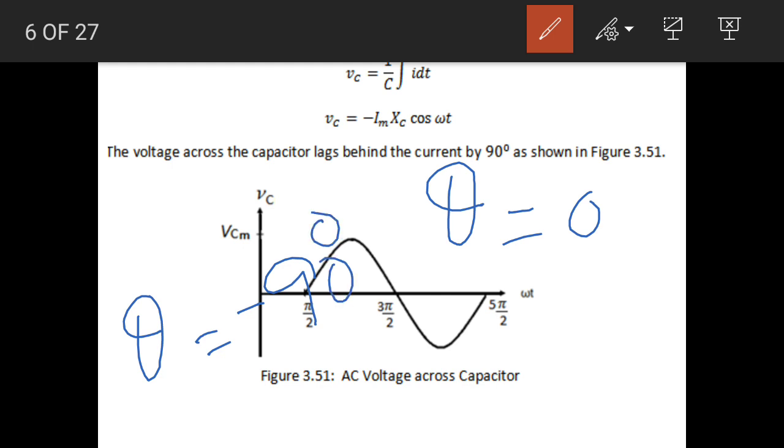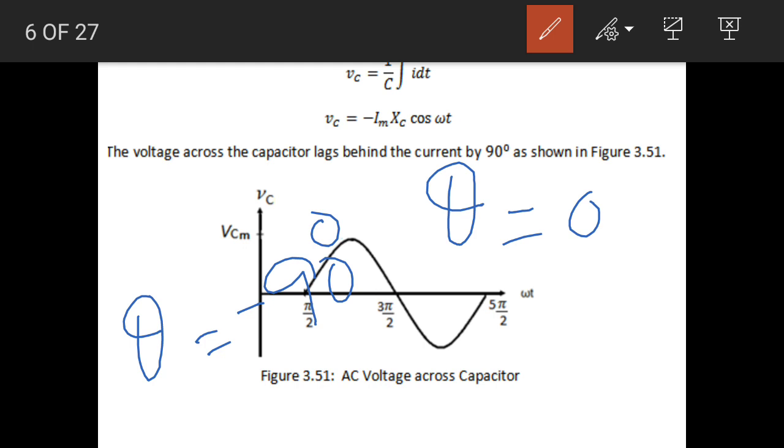So we say that the voltage across the capacitor lags behind the current by 90 degree. In other words, the current in the capacitor leads the voltage across the capacitor by 90 degree. In other words, there is a phase difference of 90 degree between the voltage across the capacitor and the current.